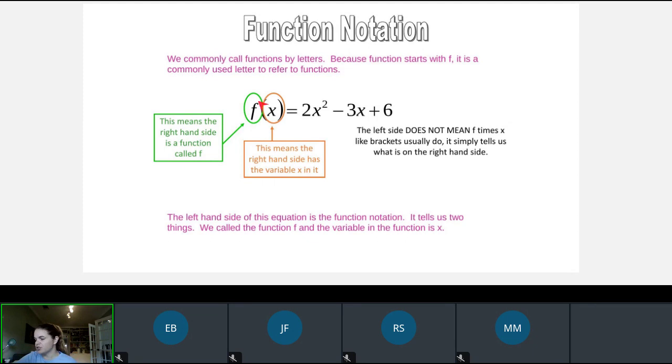The green f, which I have circled in green, means the right-hand side of the function over here is called f. The parentheses and the x in the middle mean that the function on the right-hand side has the variable x in it. This does not mean that we're multiplying f times x. This is the function of x.